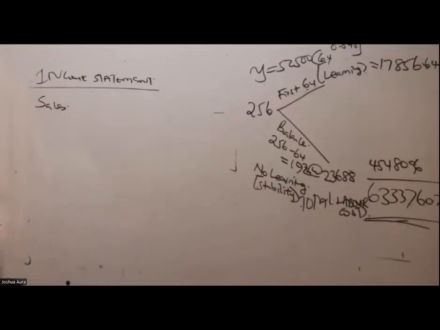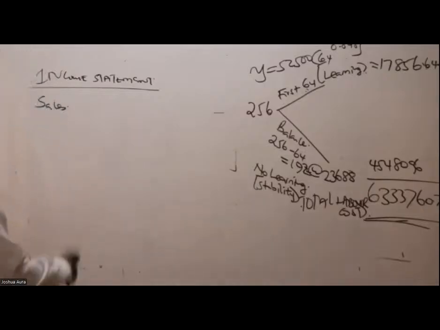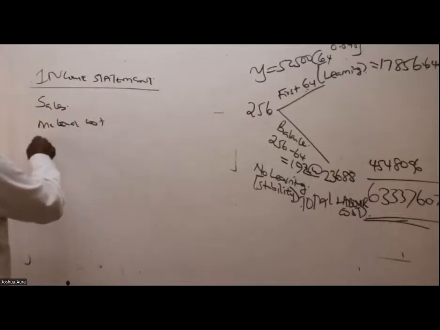So in the income statement, we have sales. You go by the one given there. We have material cost, a variable material cost. After material cost, we have labor cost.